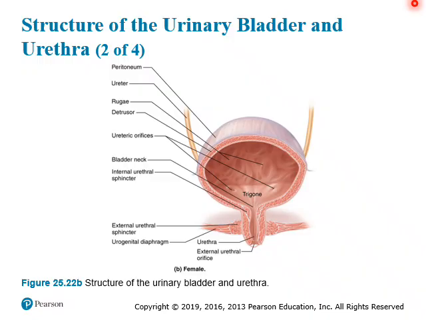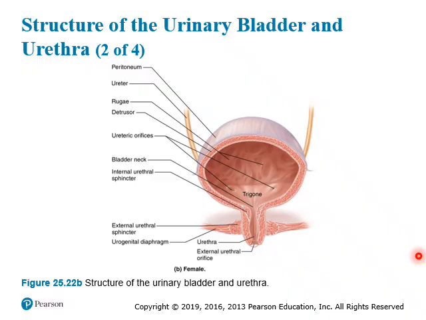So, the urinary bladder collapses when empty, and the rugae, those are actually the rugae, you could see them, appear, and they expand and rise superiorly during filling without significant rise in internal pressure.